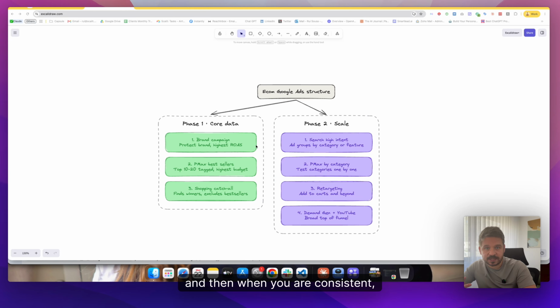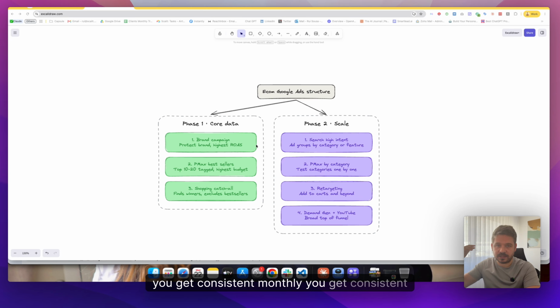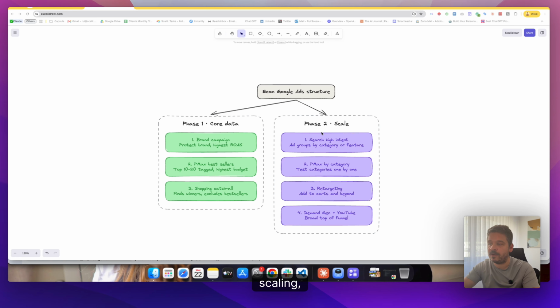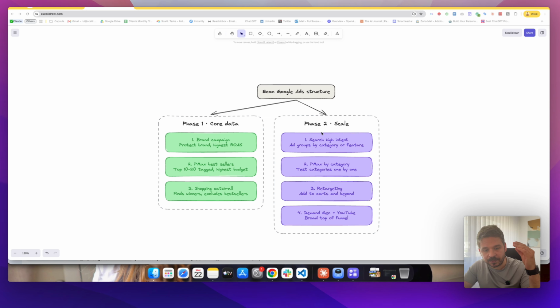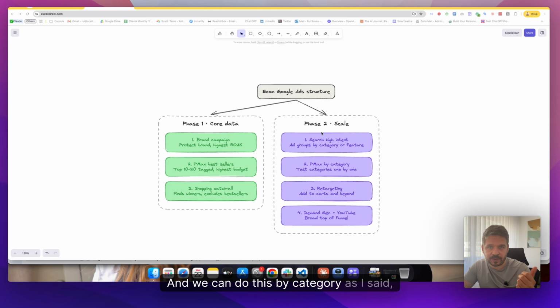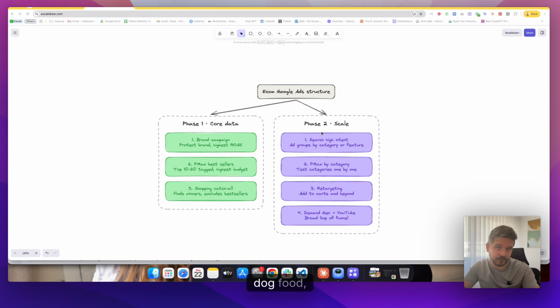And then when you are consistent, you get consistent months, you get consistent ROAS. What we slowly start to do is phase 2, which is scaling. Basically, we go sniper mode, which means now we start to peel every single category, every single type of product. We can do this by category, as I said, dog, cat, or for example, dog toy, dog food.